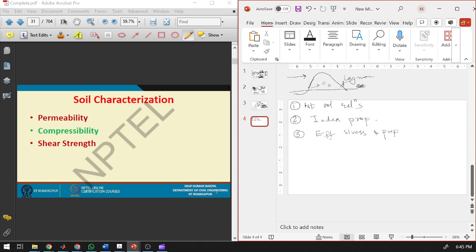What is the color of the soil? If it is red, we can say that it may be laterite because laterite soils have iron deposits. If it is black, we can preliminarily say that it may be organic because the organic matter gives blackish color. If it is very light in color, chalky, we can say that it may have some calcium deposits.